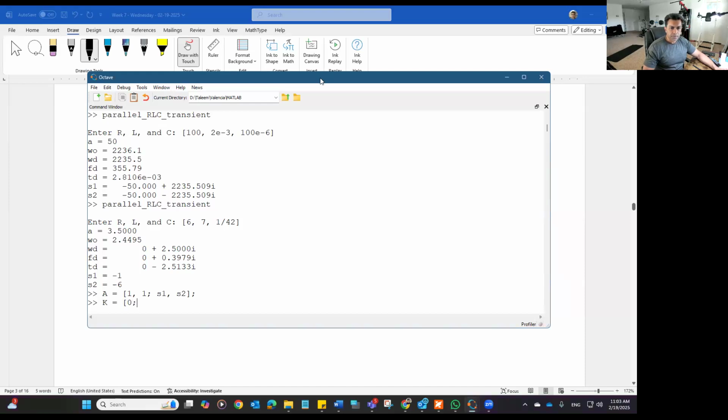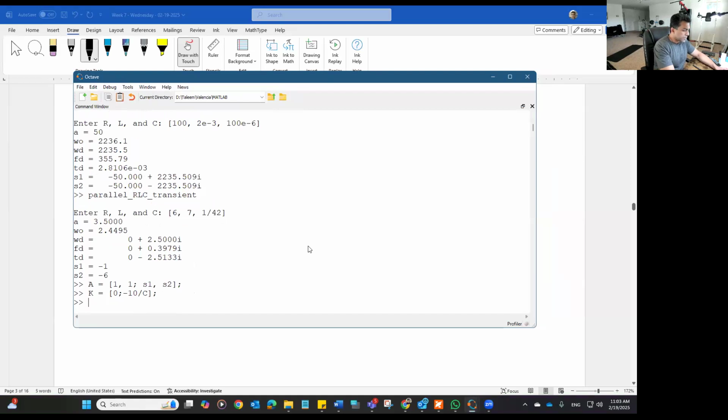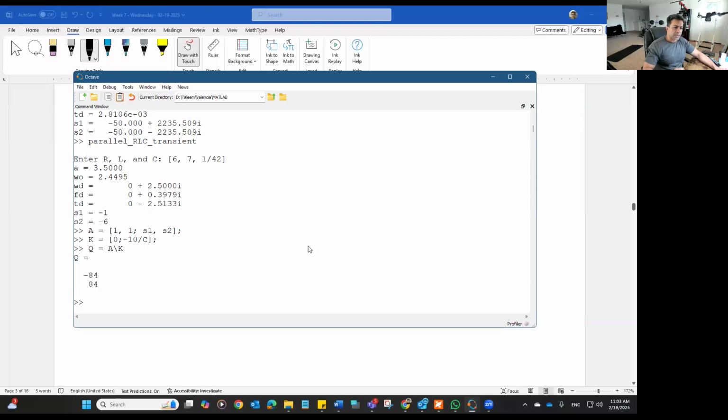I don't think I used the value of C. Yeah, I did actually. 1 over 40. In my program, it already assigned C as 1 over 40. So the values of A1 and A2 are going to be, let me just call them, A1 is negative 84 and A2 is positive 84.